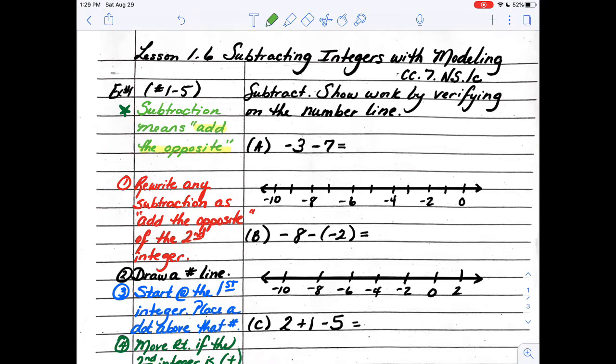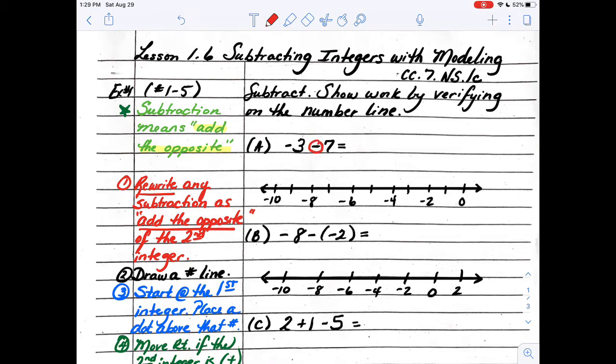So with our step 1, exactly what it says, I want you to go ahead and rewrite any of that subtraction that you see as add the opposite. Remember, it's add the opposite of the second integer. So when I look at this problem, -3 minus 7, subtract means add the opposite of that second integer.